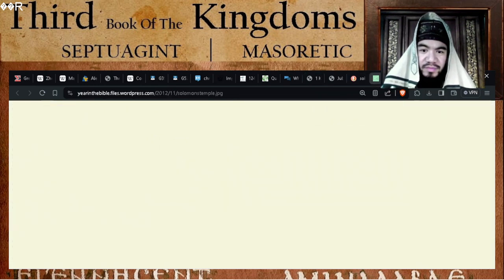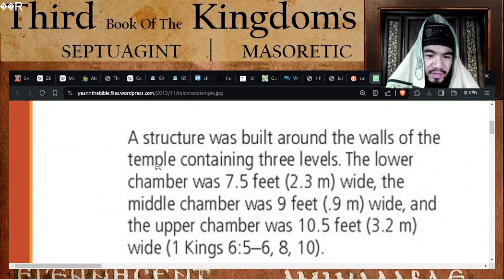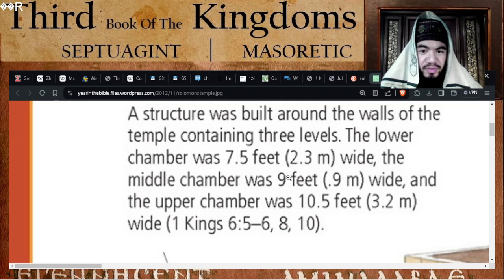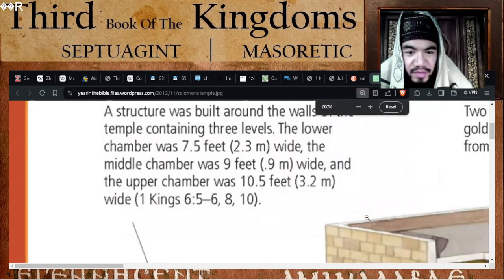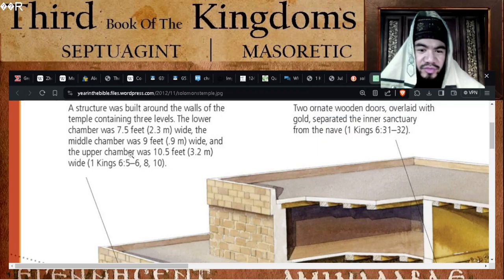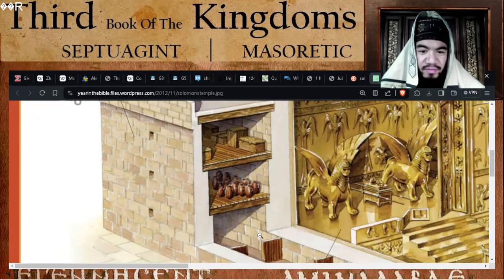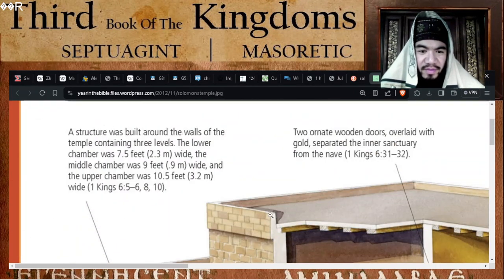Beginning with this one, this was very helpful. It gives us a good visual of the 3 levels described in this chapter, and how the walls of the temple contain 3 levels with differing widths.